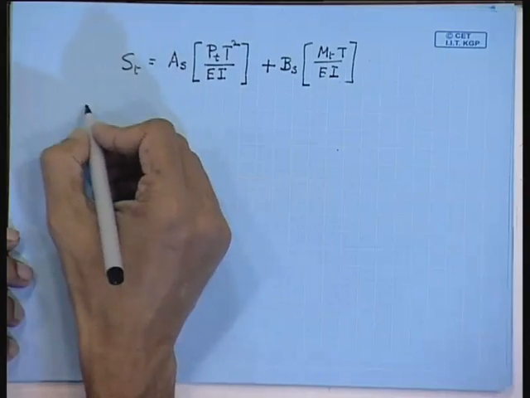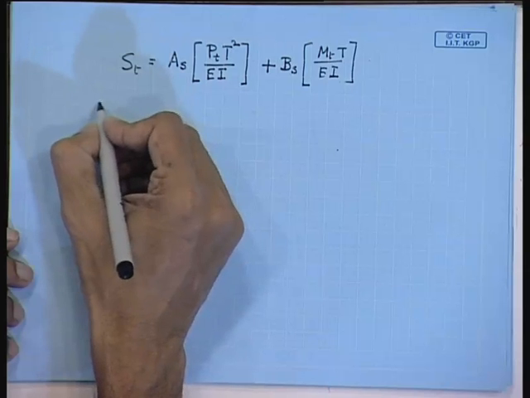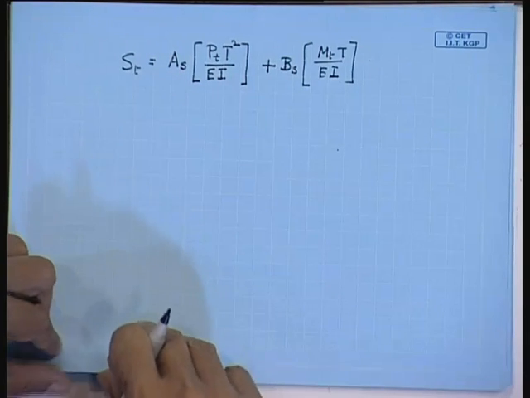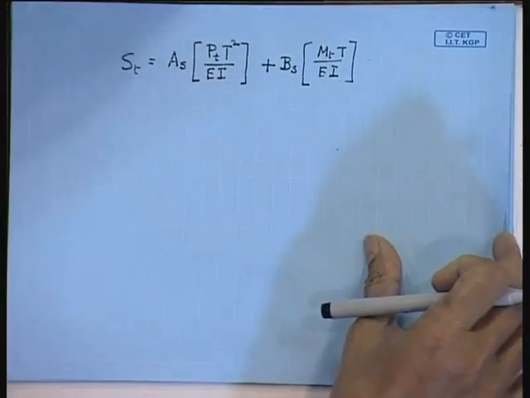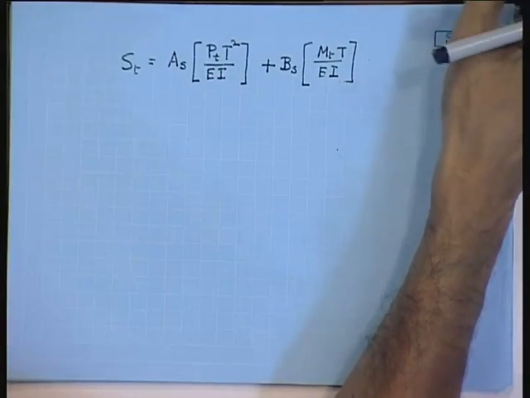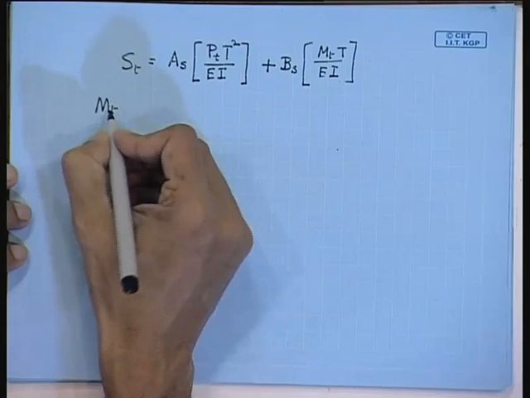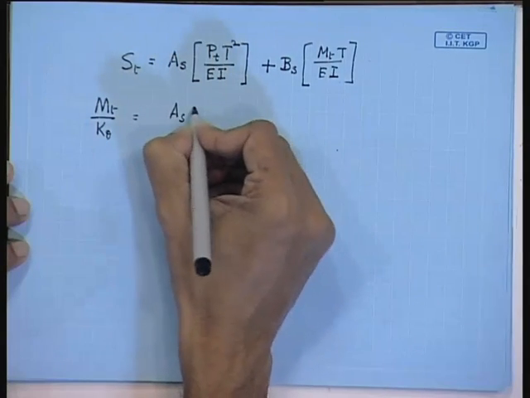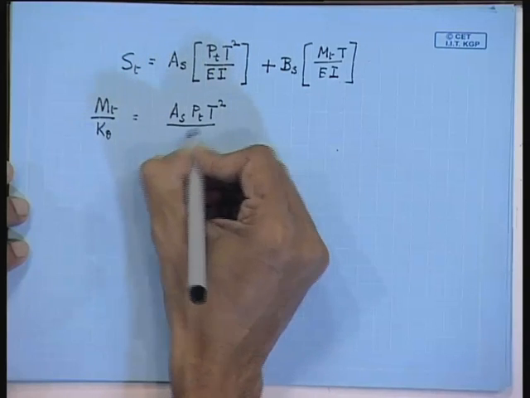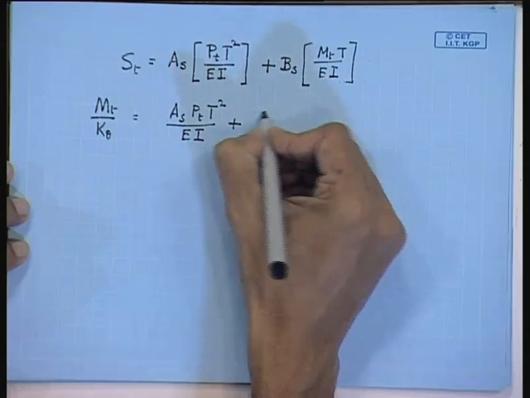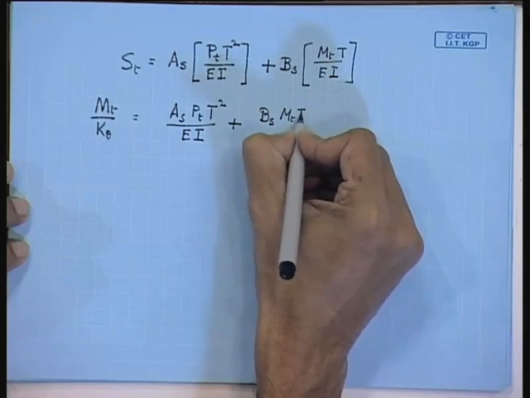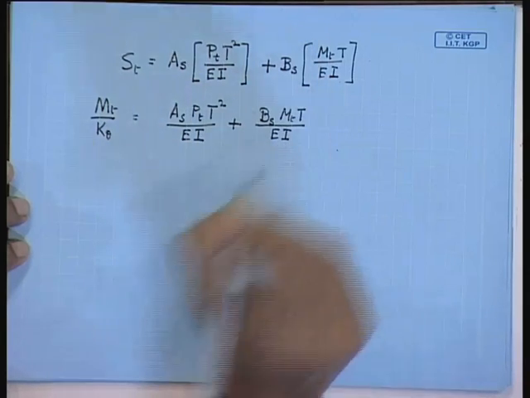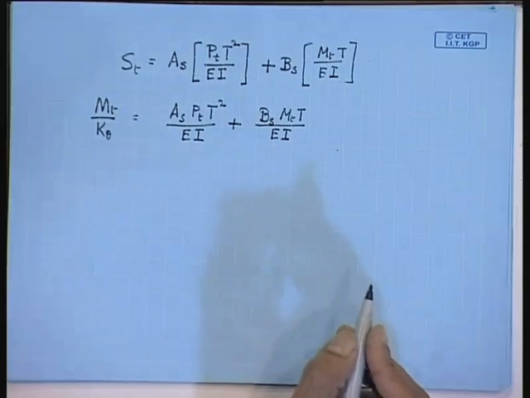Sometimes you will get and divide by PT. You simply put ST equals MT by K theta.